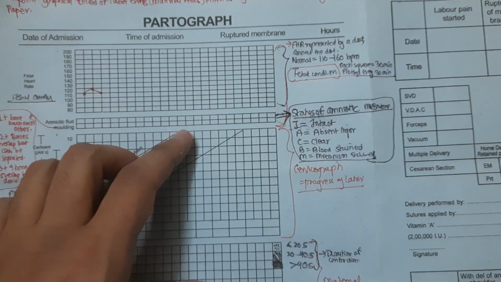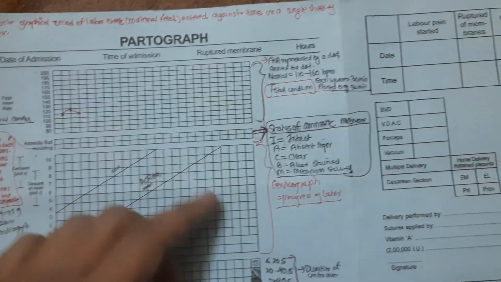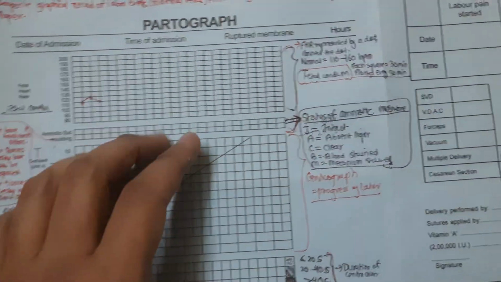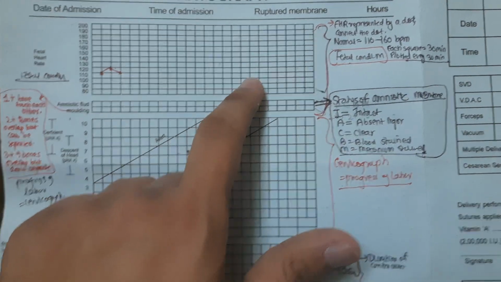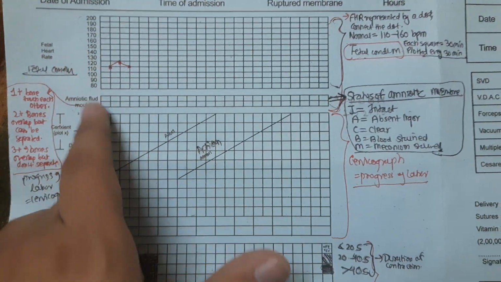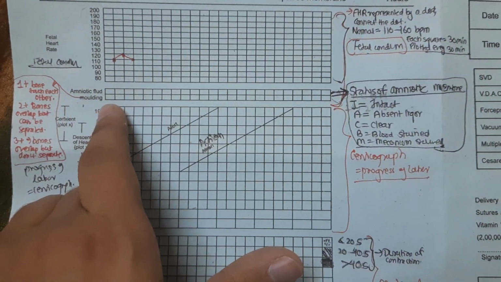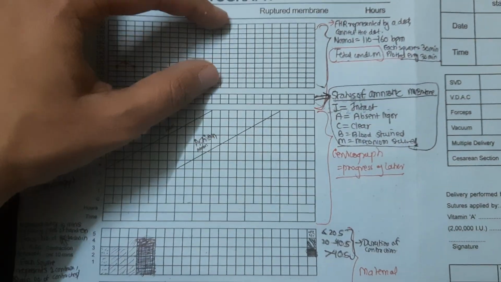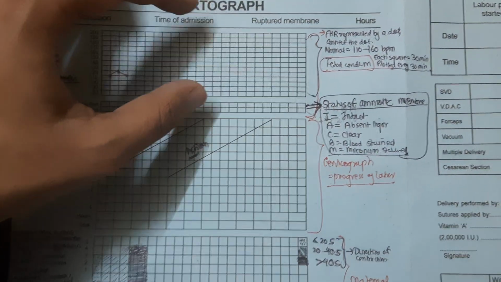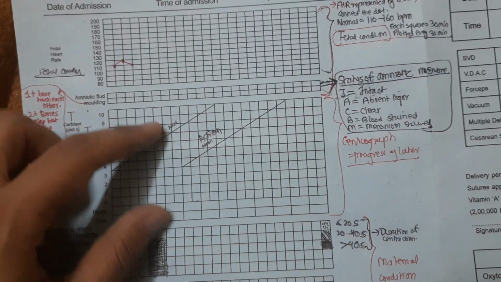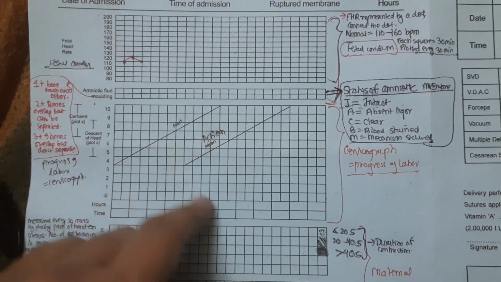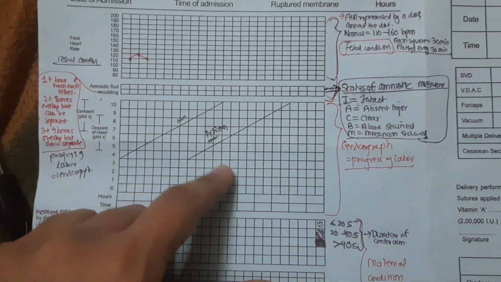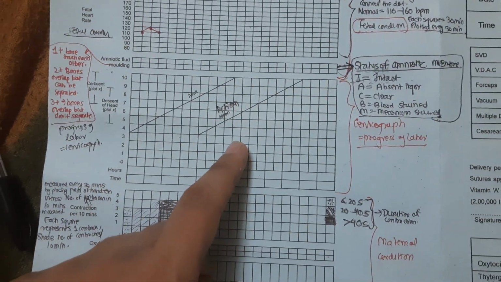Basically the partograph has three parts. The topmost part gives the information about the fetal condition: the fetal heart rate, the amniotic fluid and the molding. The middle part is known as the cervicograph. It gives the information about the progression of labor and the dilatation of the cervix with respect to time.